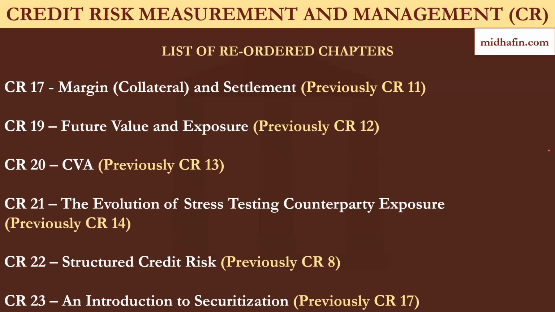And with the reduction in the number of pages, you can definitely assume that the information will now be presented in a more concise and streamlined manner, because this was one of the concerns of many FRM Part 2 candidates, that there was a lot of information in credit risk which, from the point of view of the learning objectives, was not very relevant.